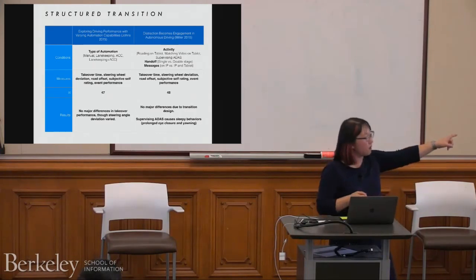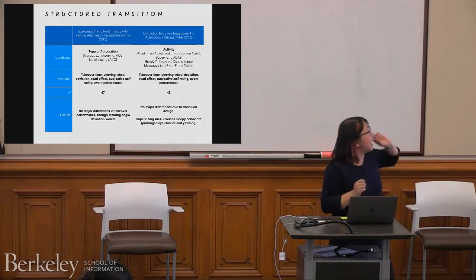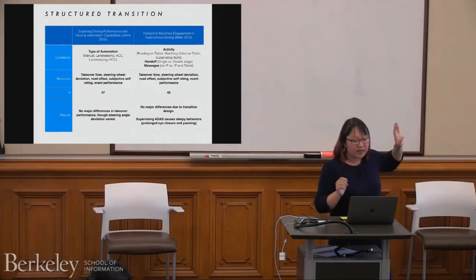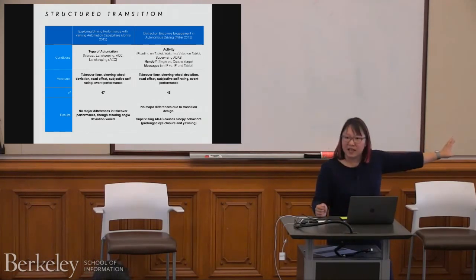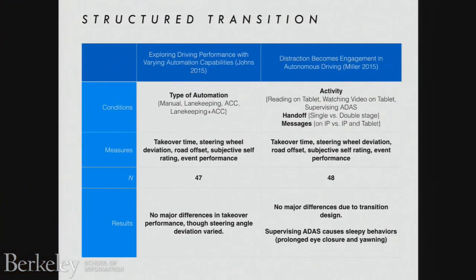So the second experiment I want to tell you about, on the right, the title gives away the punchline. And the punchline is that distraction becomes engagement in autonomous driving. So in this experiment that we've run, and I really think that this is something I'm going to put in Science magazine, we actually had people, when they were in the autonomous driving mode, watching a movie on the iPad, reading, actually Peter Pan, on an iPad, or supervising the autonomous driving.